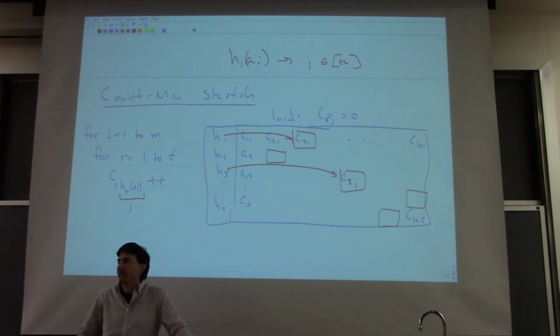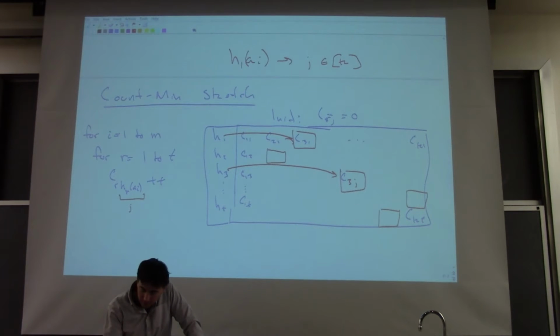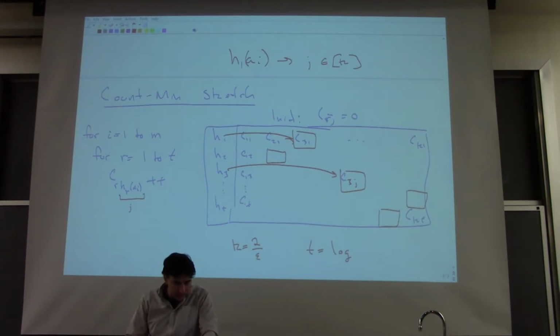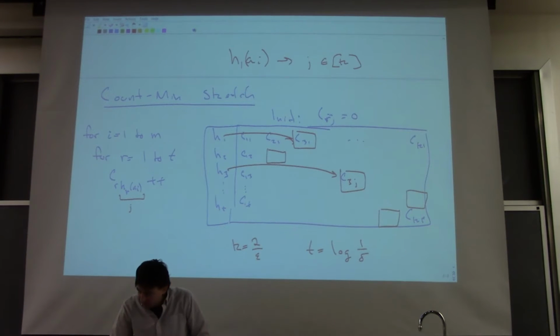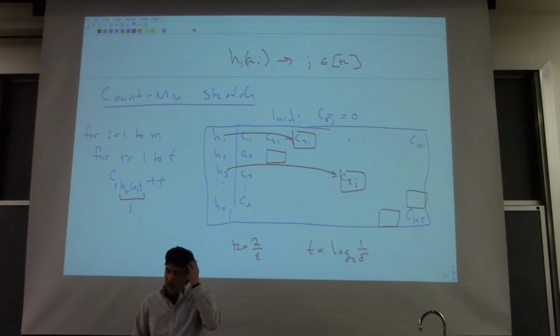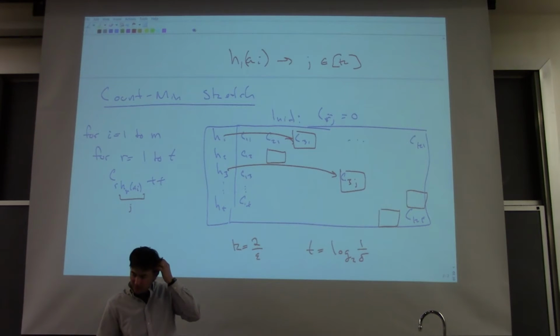How do you determine how many hash functions? It's going to depend on how accurate you want it, so these parameters. It turns out you'll want to set k equals 2 over epsilon, and t is going to be log of 1 over delta, and this is log base 2.